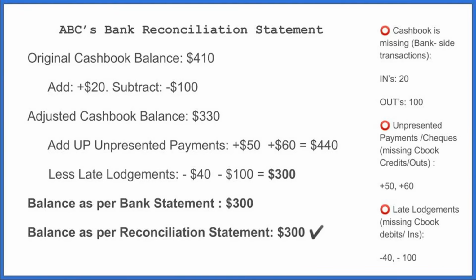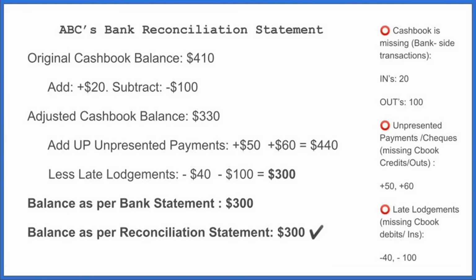And so when we do that, we get 410 and 20 is 430, minus 100 is 330, okay? So this 330 now represents our updated cash book balance, right? Because we added and subtracted the things in and out that we needed to know about.